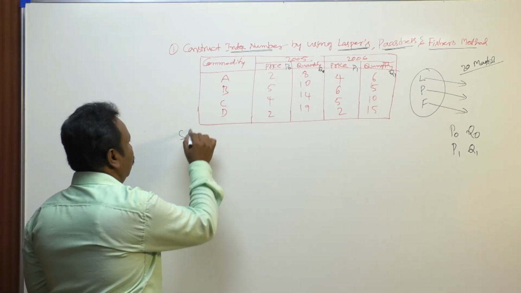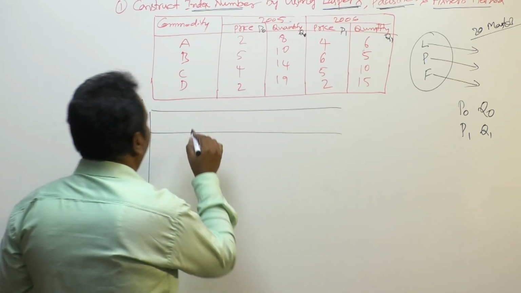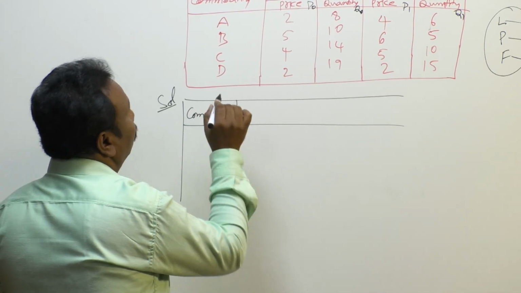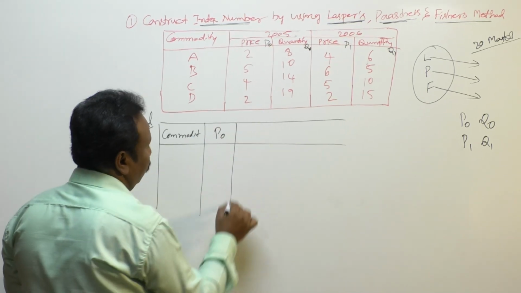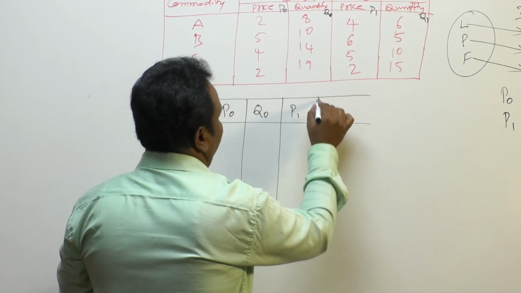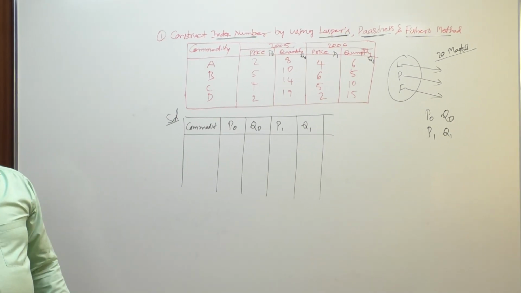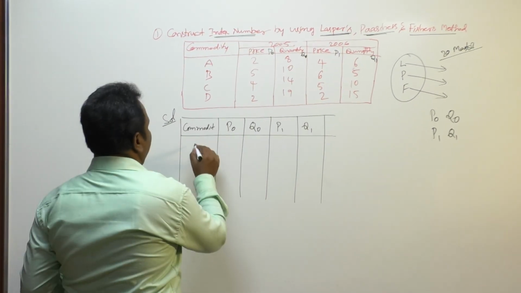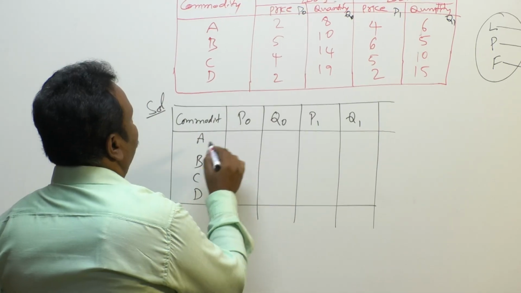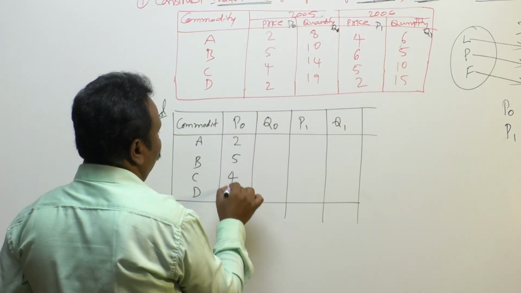Now, in the solution, calculate the various values of the commodities. Commodities are A, B, C and D. P0, the base year price, is 2, 5, 4, 2.